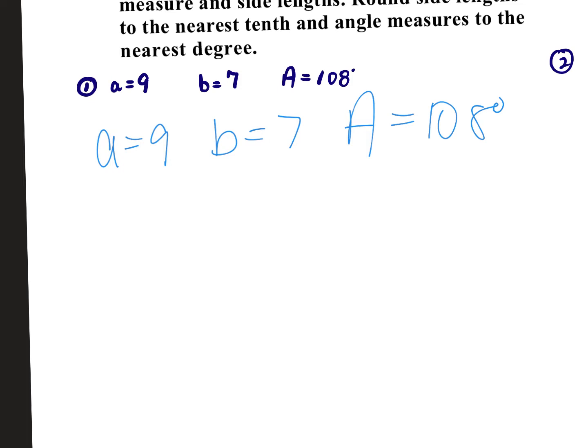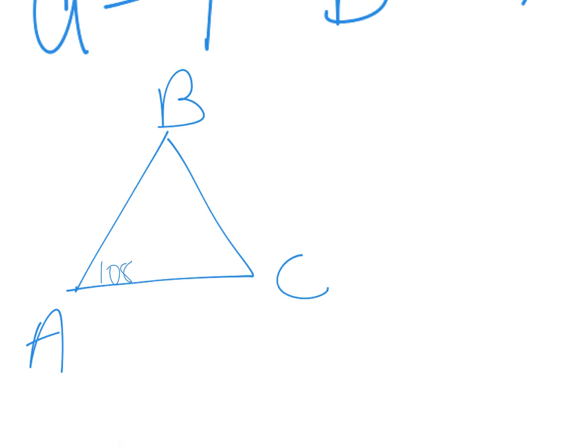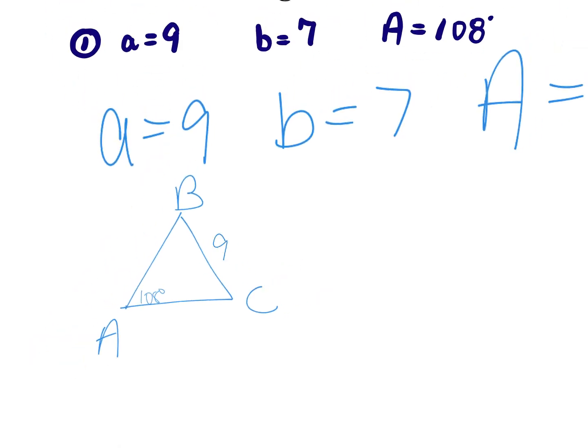That means find everything that's missing. So the first thing I'm going to do is draw a triangle. A, B, and C. I know that angle A is 108 degrees. I know that side a is 9, and I know the side across from B is 7. Does everybody understand that? So I am looking to find angle B, angle C, and little c.